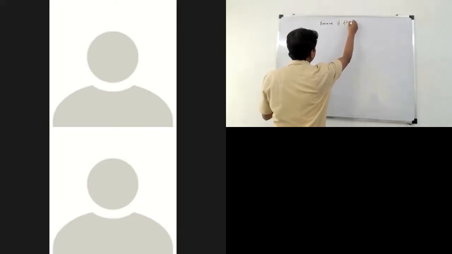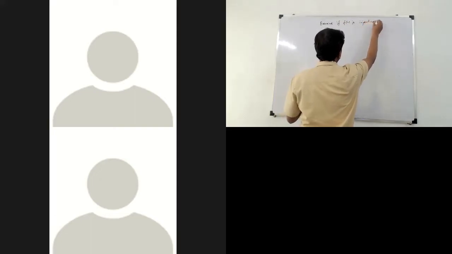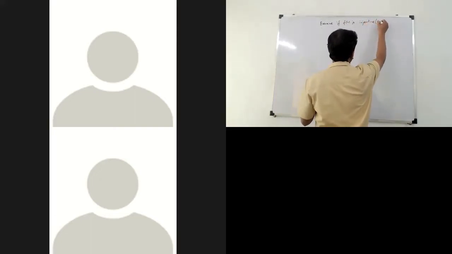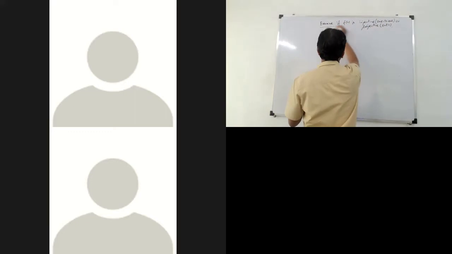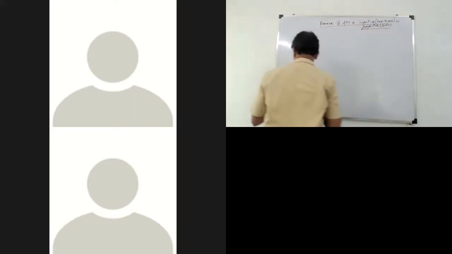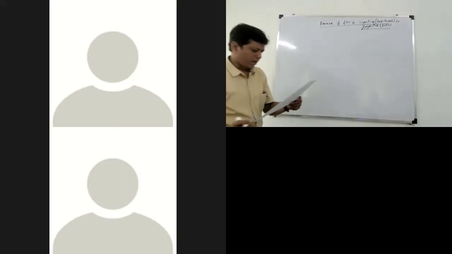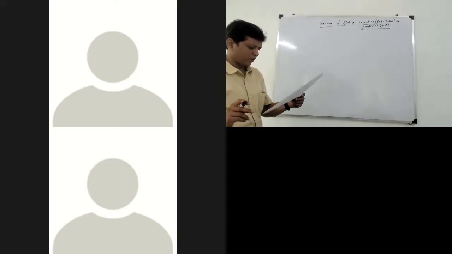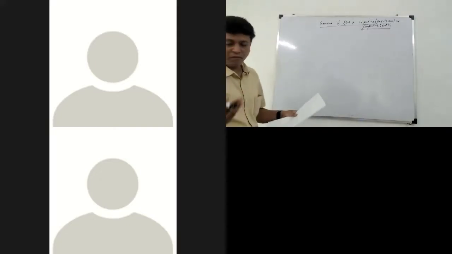Examine if f(x) is injective, one-to-one, or surjective, onto. Before that, I will ask a few questions on that. Let me give you more questions because this is a vast idea.